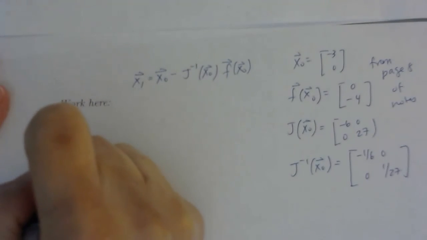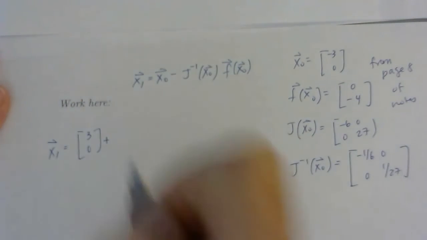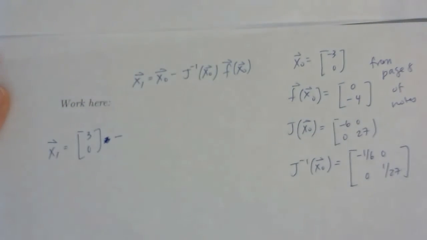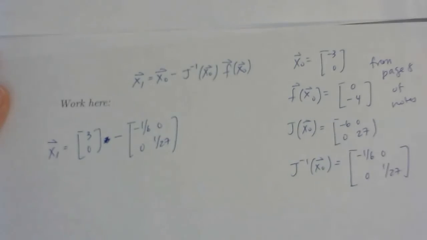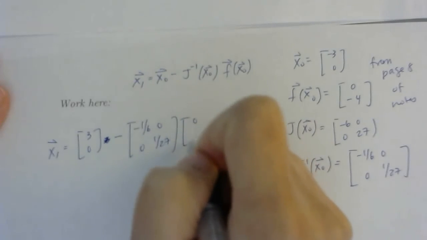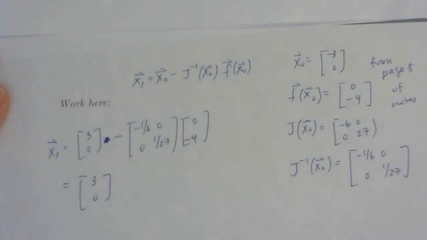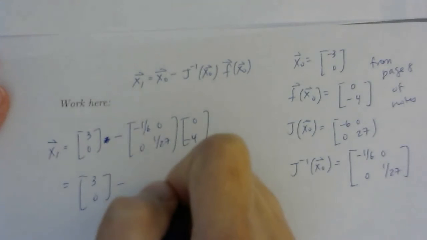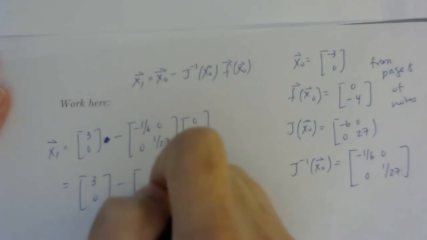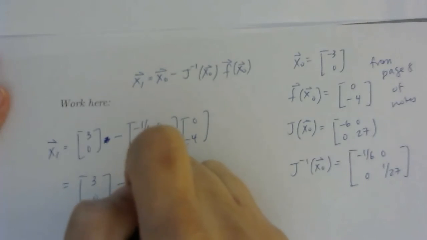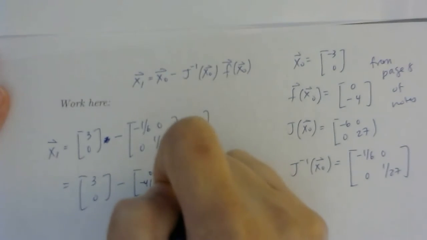Excellent. Okay, so let's just find the first step here. So x1 is x0, -3, 0, oops, not plus, minus the inverse, -1/6, 1/27, times f of x0, 0 and -4. So -3, 0 minus 4/27, minus 4/27 and 0.